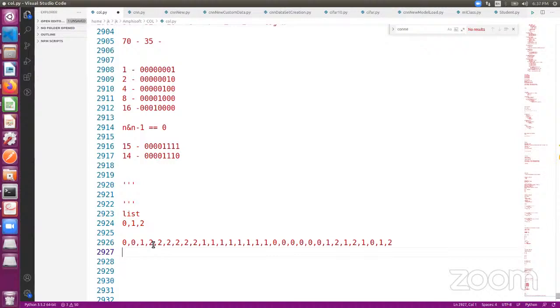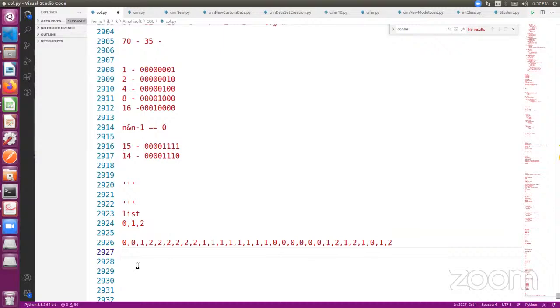So any idea, anyone? Assigning minimum value to the 0th location and then comparing with the adjacent. If it's maximum then adjacent, then we need to swap them. Minimum value means which value?